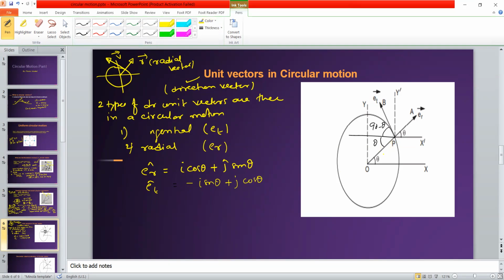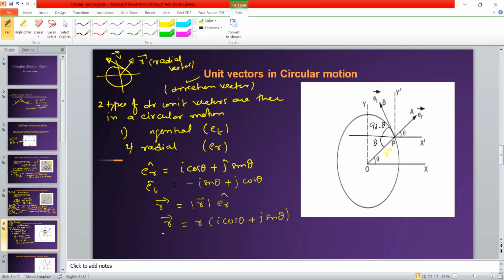Now if this is a position vector r, then we may write r is nothing but the modulus of r into the direction of r, and that is towards radial. So r is r times (i cos theta plus j sin theta), the position vector.